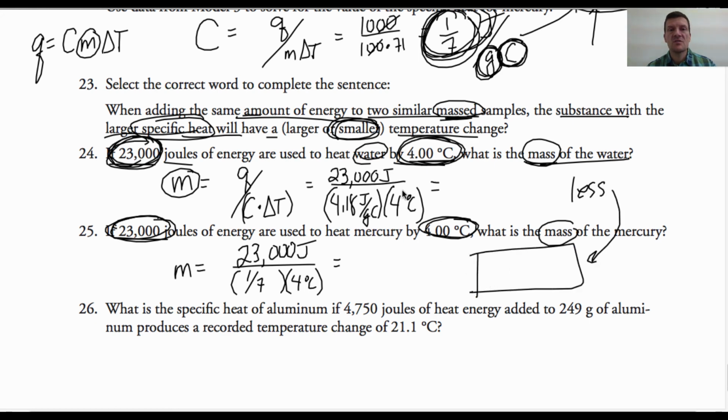I don't need as much water. 23,000 joules of energy are going to pour into a certain amount of water, and its temperature is going to change only 4 degrees Celsius, whereas you need 23,000 joules of energy to change this mercury. I know that this amount here is going to be much greater, okay?